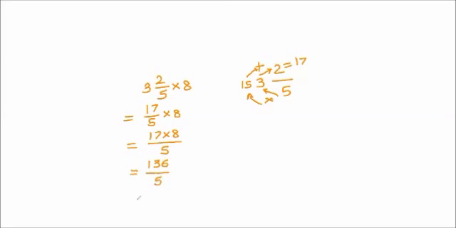It's an improper fraction, so we will convert it into a mixed fraction. 136 divided by 5. 5 2s are 10. The remainder is 3. 6 comes down, 36. 5 7s are 35. 1 is the remainder. So the quotient is 27. The quotient comes here, 27. Remainder is 1. The remainder comes as a numerator, and the divisor is 5.